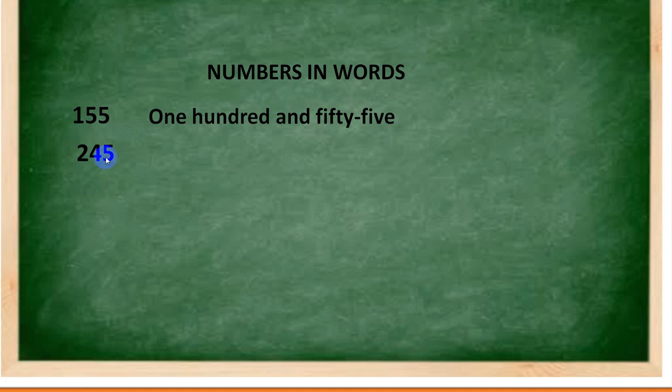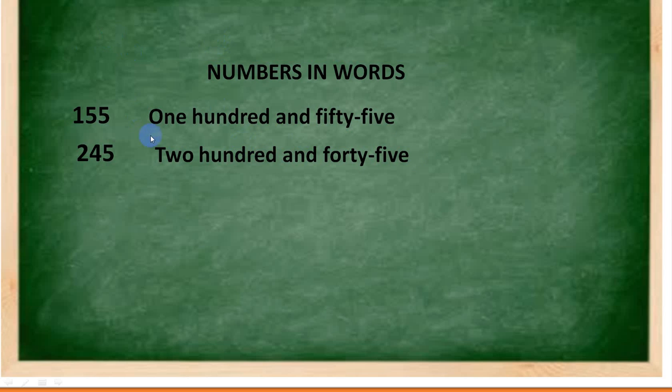Next, 245, two hundred and forty-five. Don't forget to put 'and', don't forget to put the hyphen. And also don't forget to memorize the spelling. The spelling is very important if you want to write down the numbers in words.